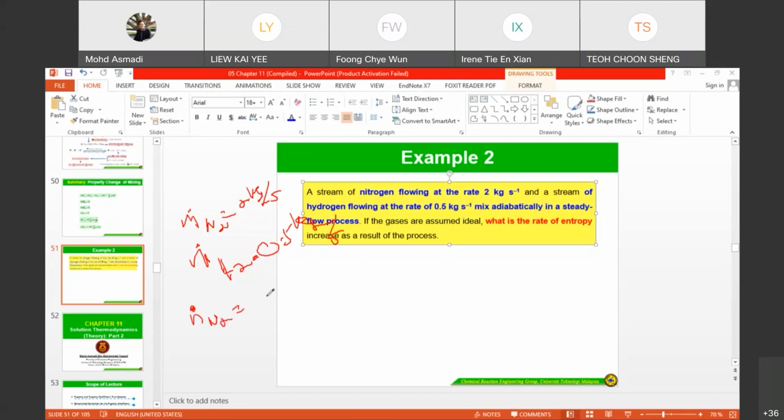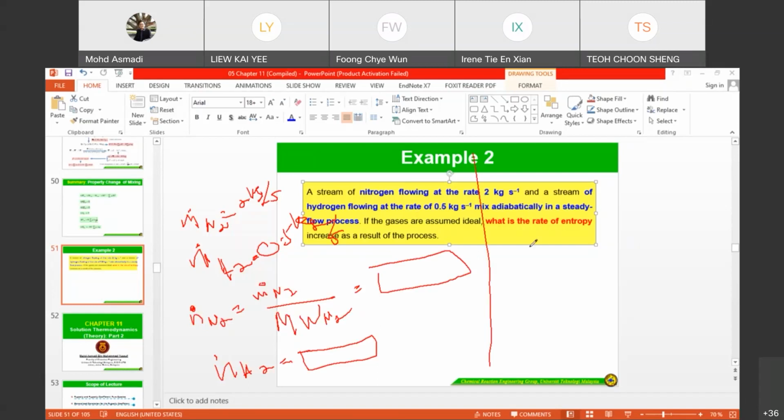Okay. So N2 divided by molecular weight N2. So you can get. Similarly, also you do for hydrogen. Okay. So from this one, you have to get the N total, because you want to calculate the molar fractions, right?